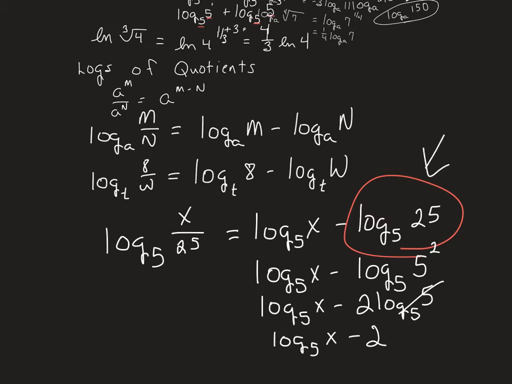So notice here I could simplify, so you need to do that. Another one that you'll see a lot is log base 2 of 8. Well, we know that 8 is 2 cubed, and so this becomes 3.